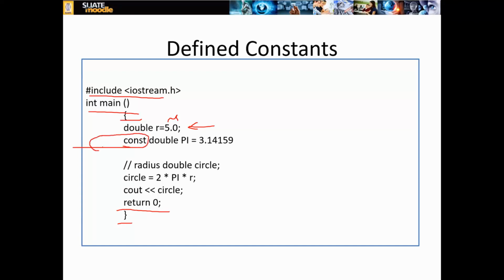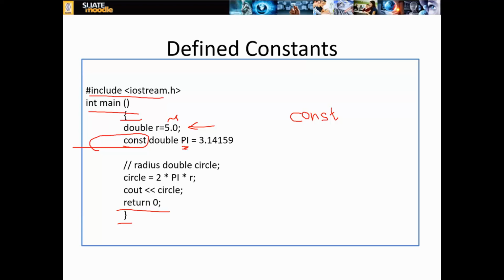You haven't learned this keyword, right? const. So whenever you have const before the data type of a variable, that means that variable is a constant variable, right?